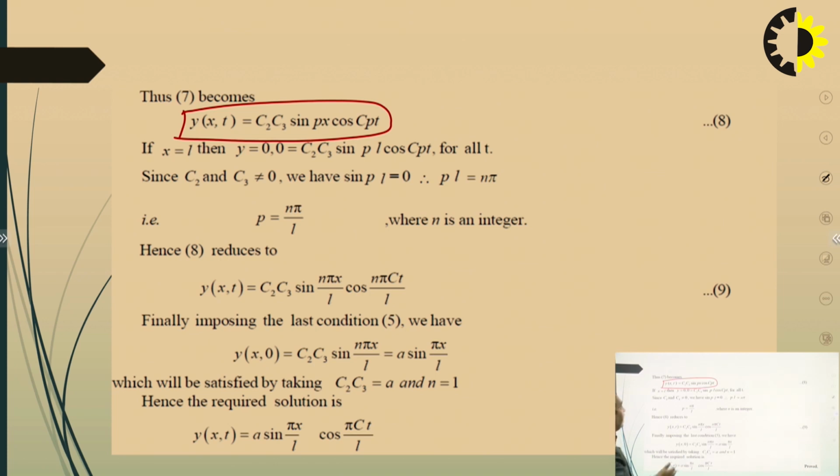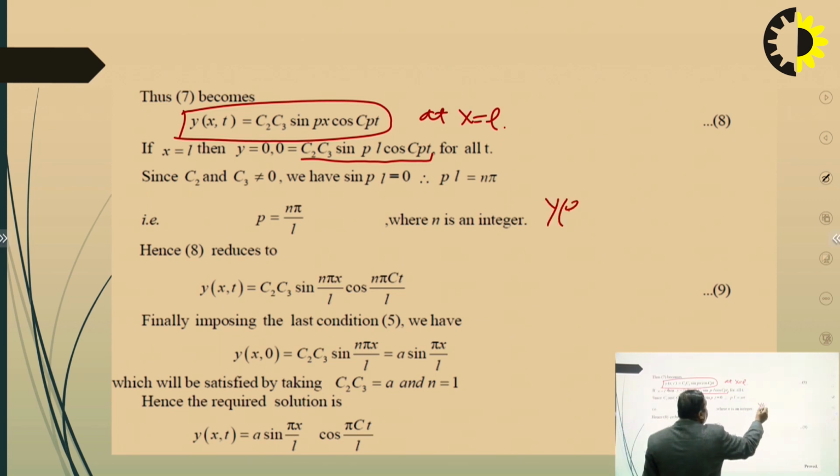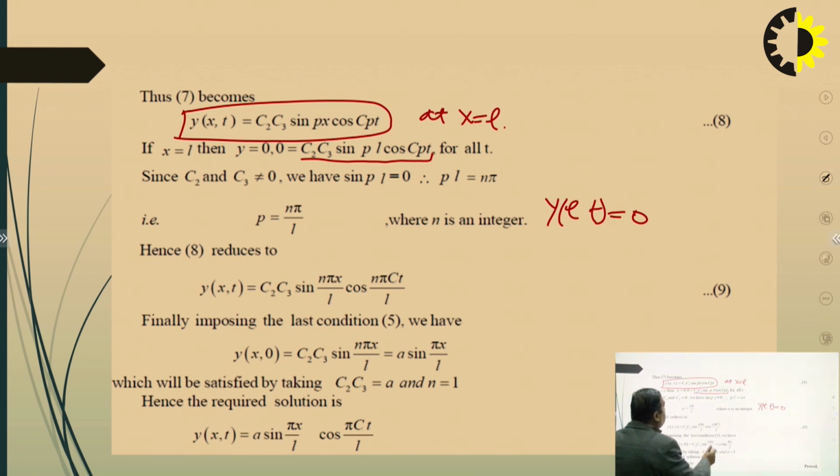Now at x is equal to L, y(L,t) is equal to 0, that becomes c2 c3 sin pL cos cpt, and this is equal to 0.